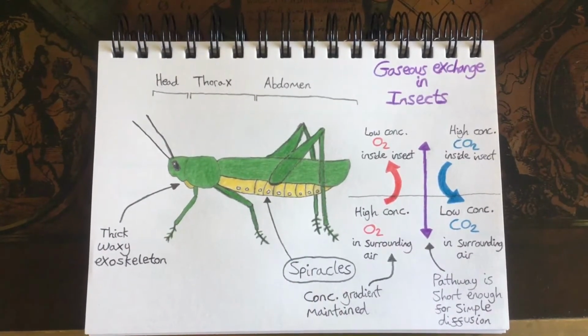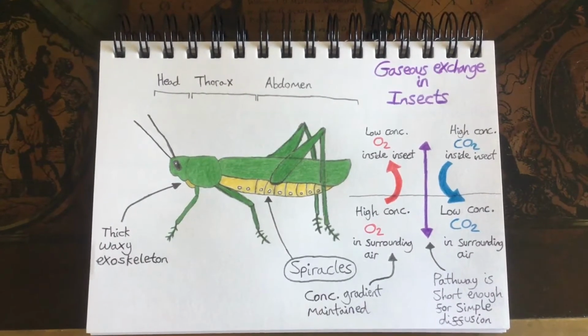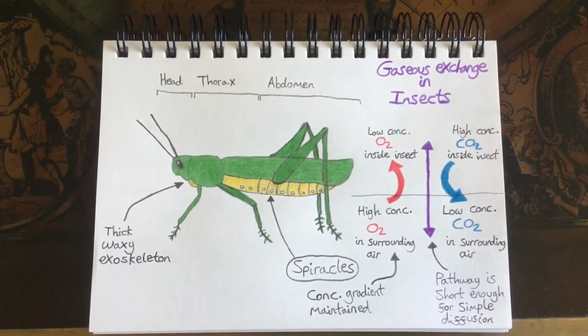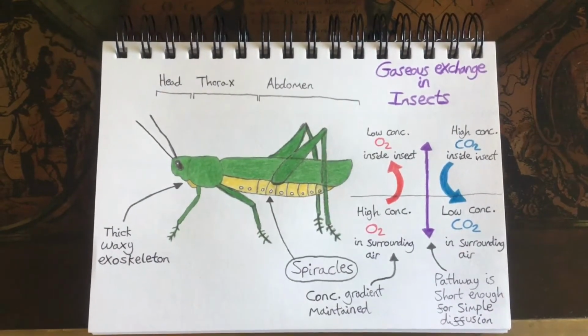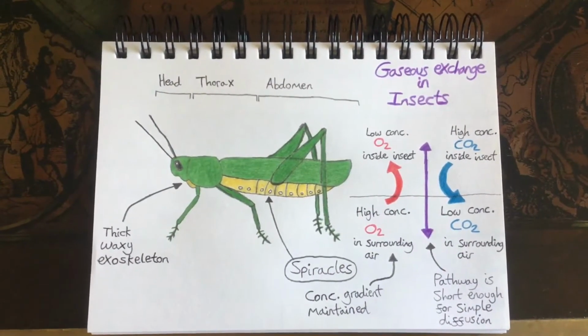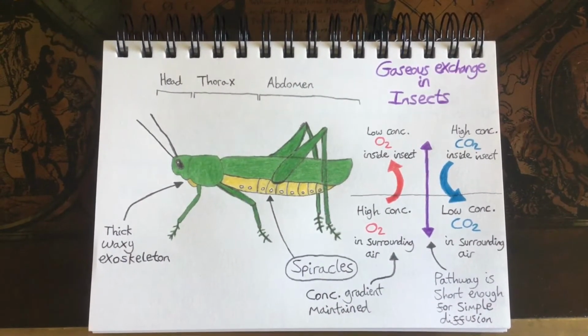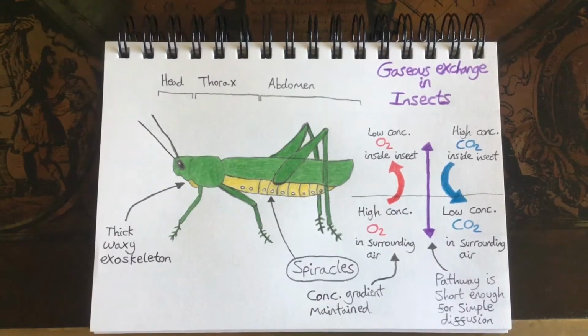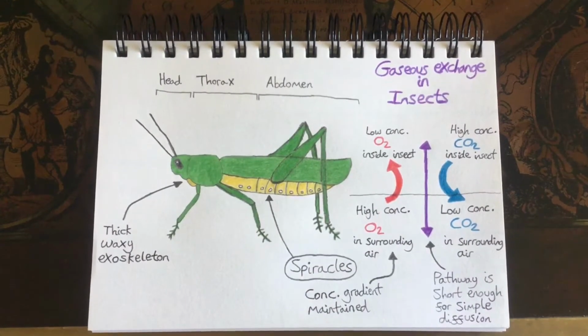So, the insects don't require an advanced ventilation system, so the gases can just move by simple diffusion straight from the outside to the inside of the insect, and vice versa for CO2. So CO2 can move from the inside of the insect to the external environment by simple diffusion.